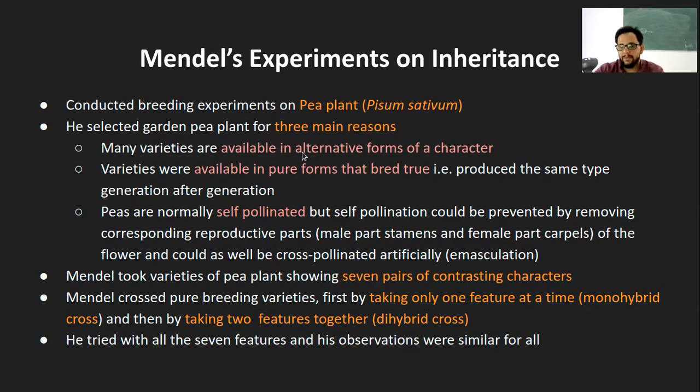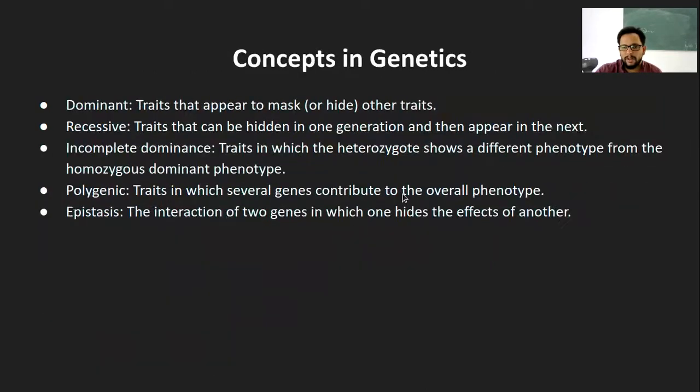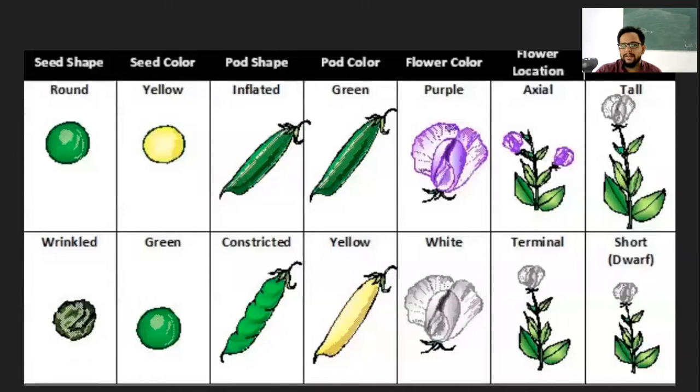And what are they? First one, this plant is available in many varieties with alternative forms of character. Now, what does it mean by alternative forms of character? If you remember the table that I had shown you earlier, it says for one particular character, let's say seed shape, there are two possible characteristics available, like round or wrinkled, and the same is the case with seed color and so on, right?